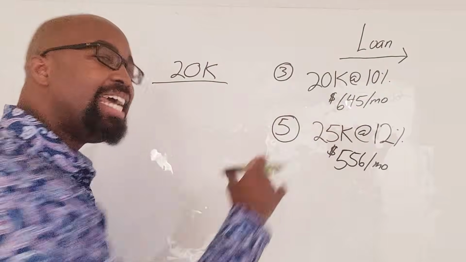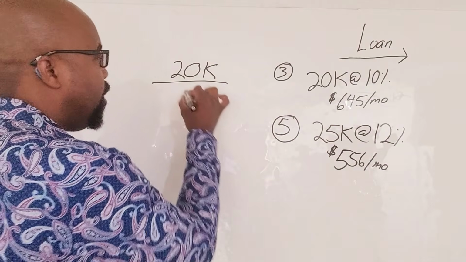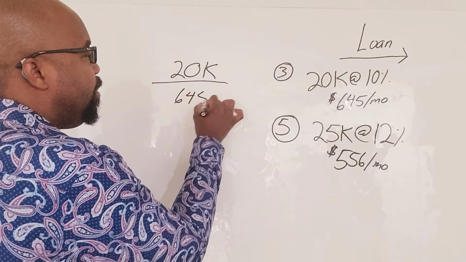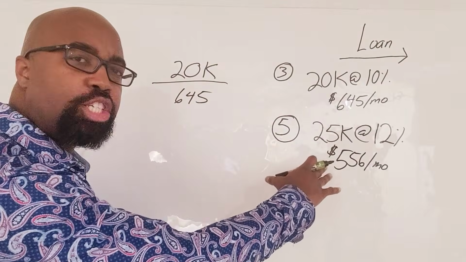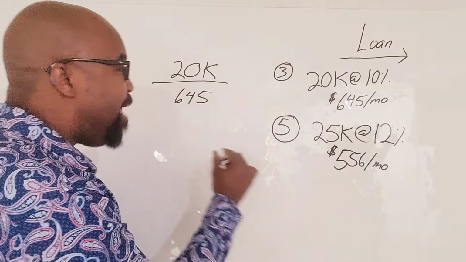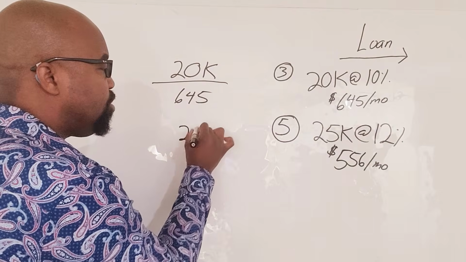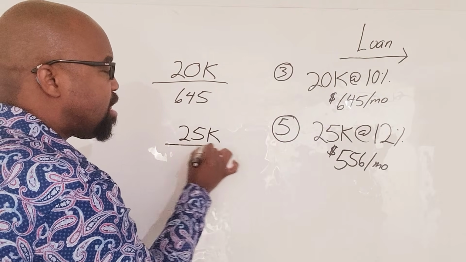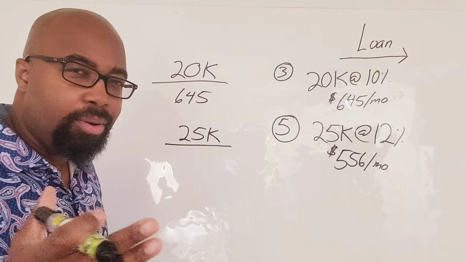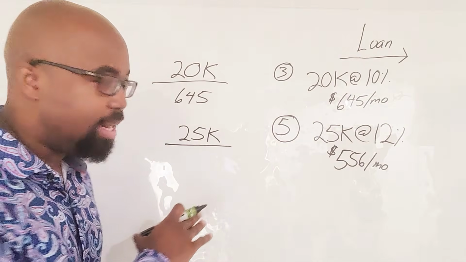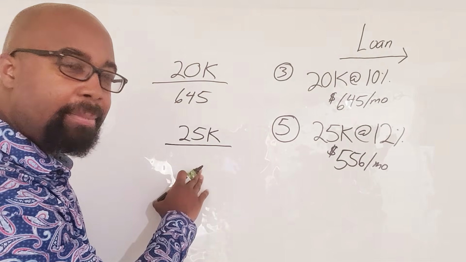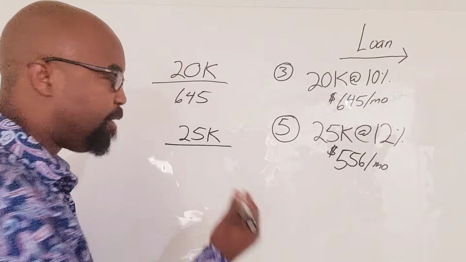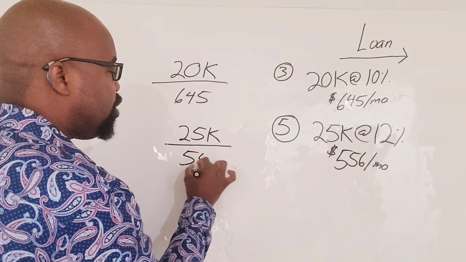In this case, is $645 each and every month. Now, let's go to the next one. 25K, remember that's the loan balance. And then the denominator, what are we going to use as the denominator? As that minimum monthly payment? The $556 each and every month.